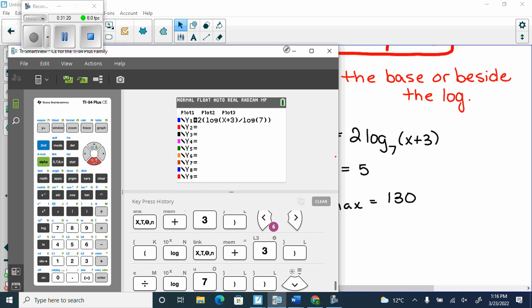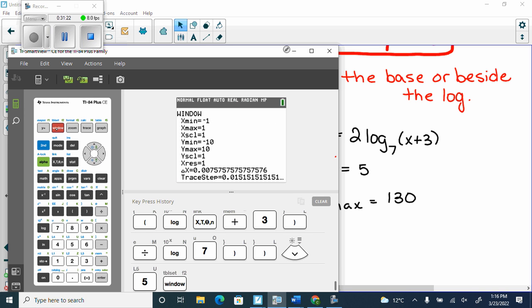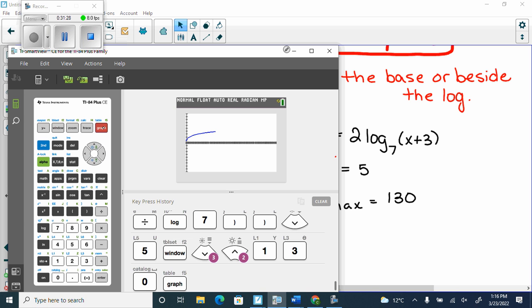And then 5. And then your window, your x max has to be 130. So second trace 5, enter, enter, enter, and I get 126.64, same answer.